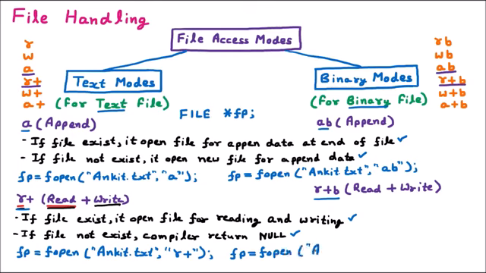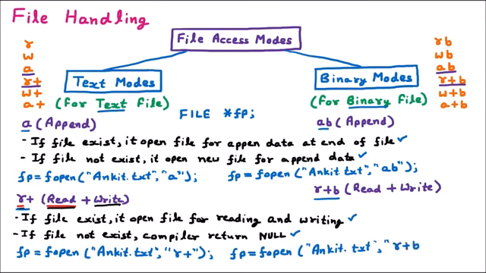In the bracket, we use the file name ankit.txt. Then comma, we provide the mode. In the double quotes, we write r+b. Here r is the read mode, so read mode cases will be followed, and afterward writing.